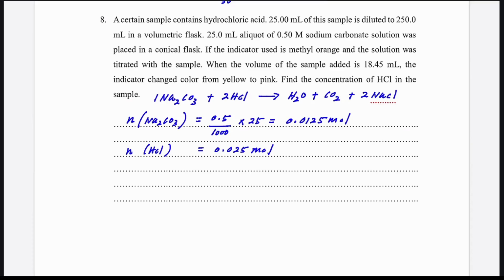You can do it before the dilution, and then multiply.